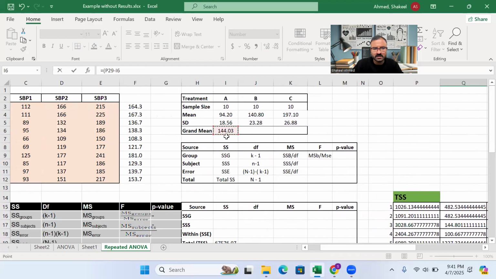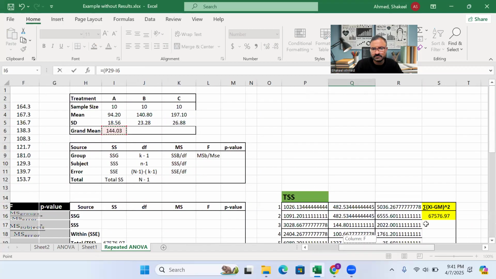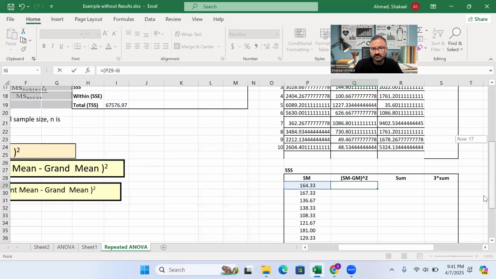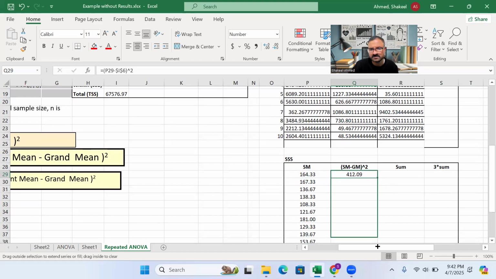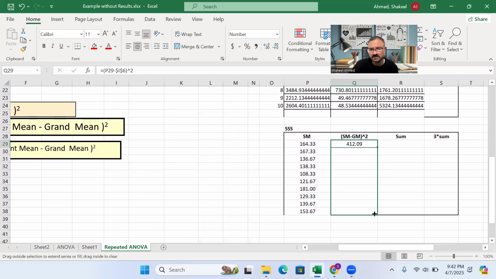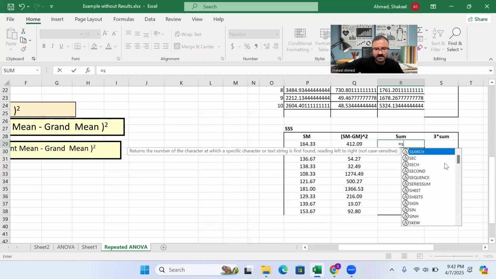The grand mean is here. And then square it and sum it.